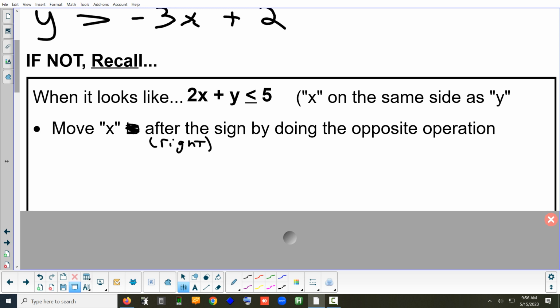Okay, so Abby said we'd have to subtract 2x. So we'll do that and then see what happens. What would happen on the left side if I subtract 2x?